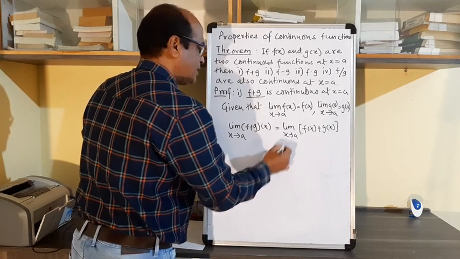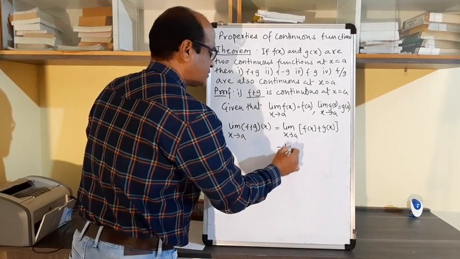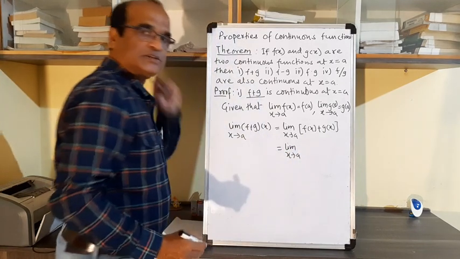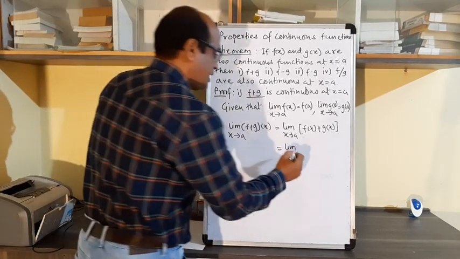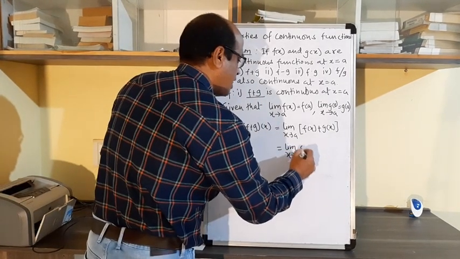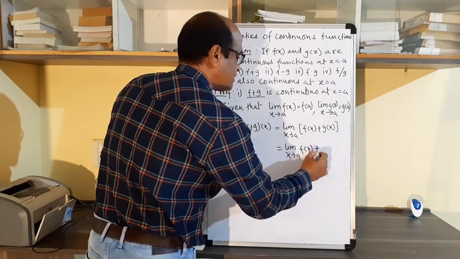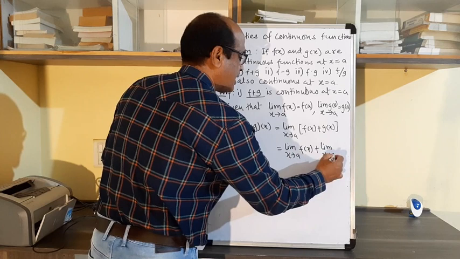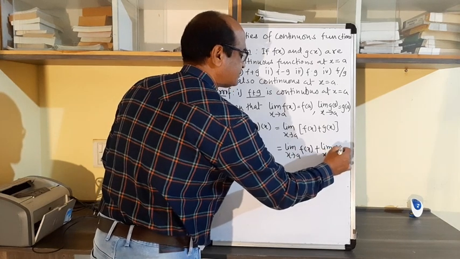So we shall write this: limit as x tends to a of f(x) plus, we separate this limit here, limit as x tends to a of g(x).